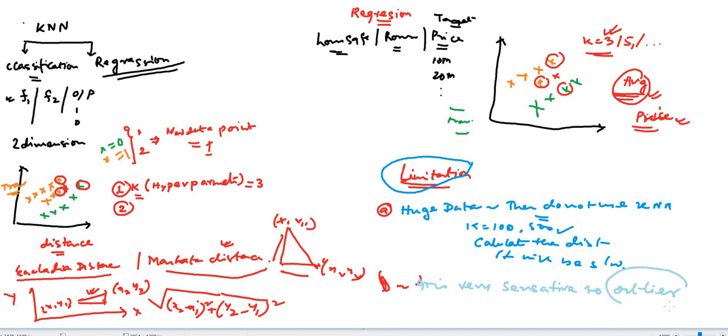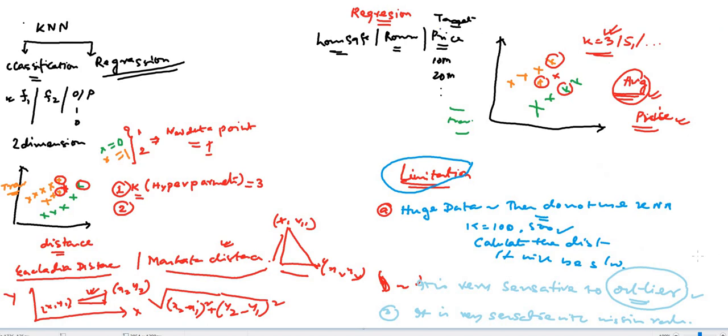This is very important. It is very sensitive to the outlier. And third, it is also very sensitive to missing values.